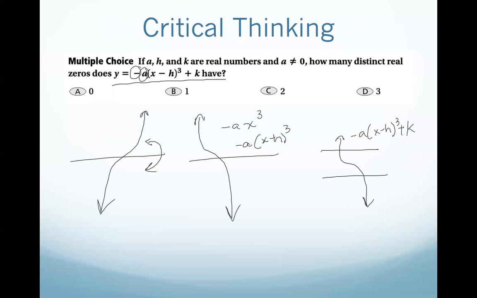If k is positive, our x-axis will be down here. If k is negative, our x-axis will be up here. Either way, no matter which of these graphs we look at, there is only one zero, one x-intercept, right? So the answer here is B.